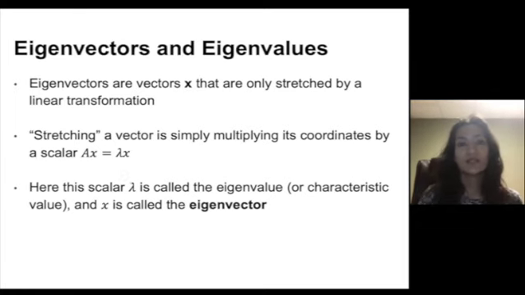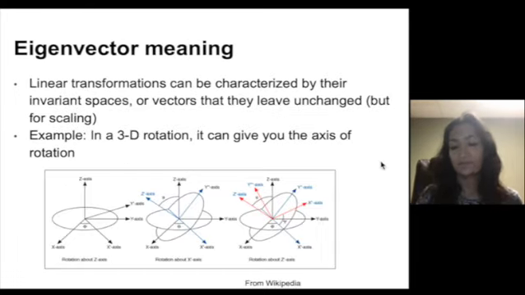So eigenvectors are actually defined as vectors that satisfy this equation: A times x equals lambda times x, where lambda is a scalar, and in particular, lambda is called the eigenvalue, or characteristic value. This comes from eigen, which is a German word meaning own or characteristic.